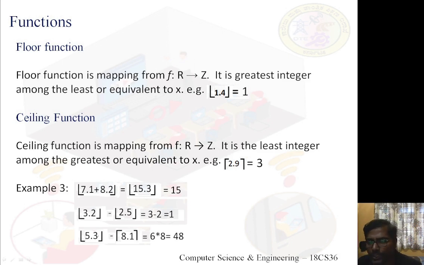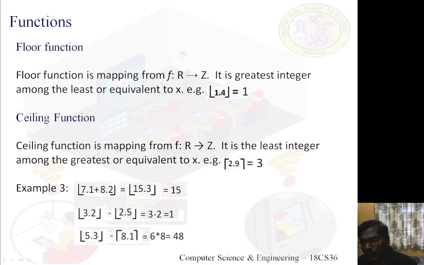To compute the floor function of 3.2, let me list all integers lesser than or equal to 3.2. They are 3, 2, 1, 0, minus 1, minus 2, and so on. Of these, the greatest is 3, and that's the answer for the floor function of 3.2.